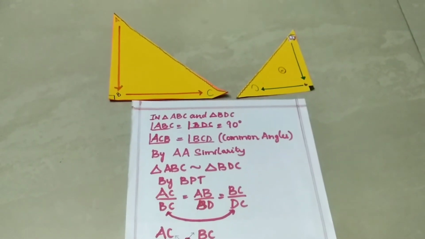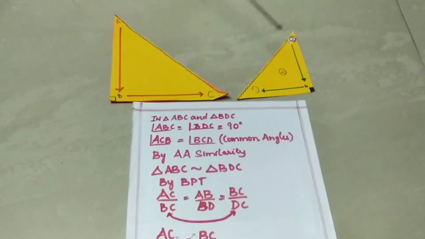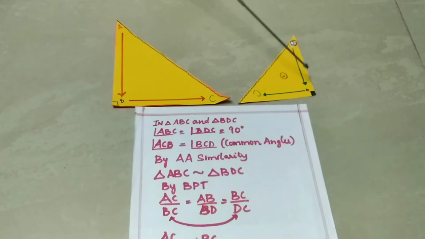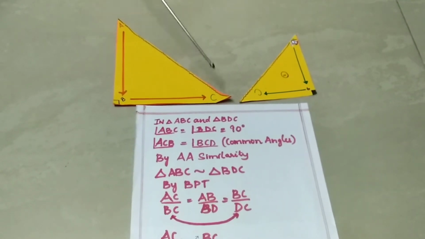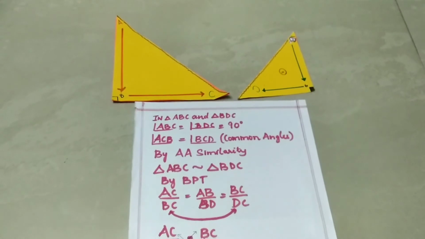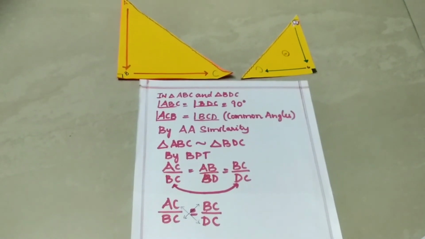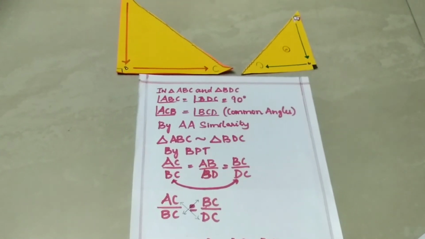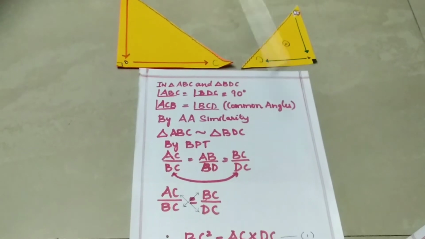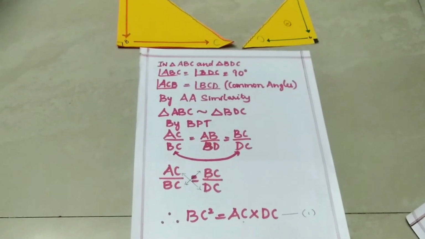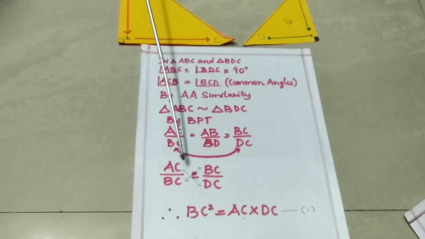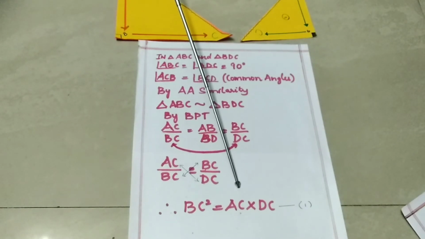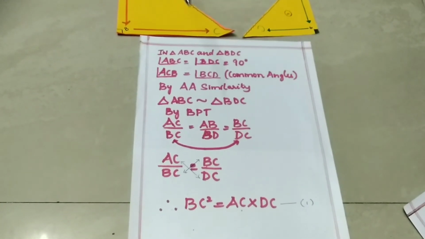Now consider the last two, AC by BC and BC by DC, because you can find BC two times there. When you consider those two, you can cross multiply and check that BC into BC, BC square, is equal to AC into DC. It is equation 1.